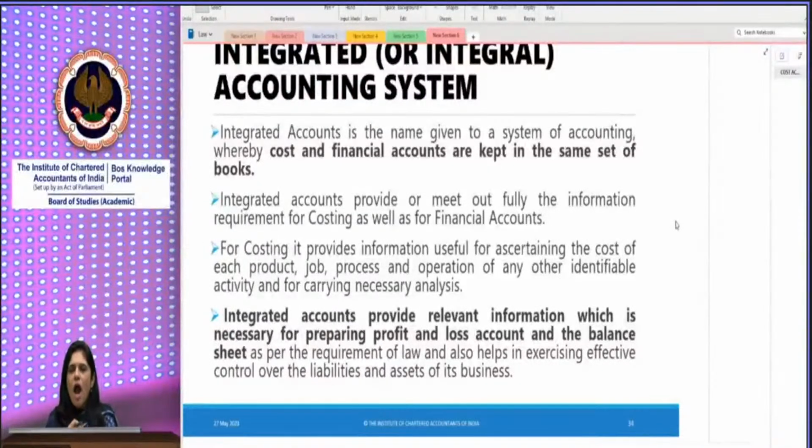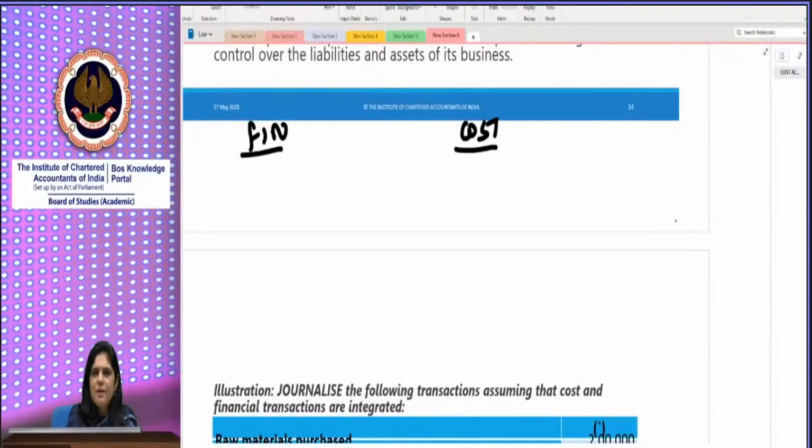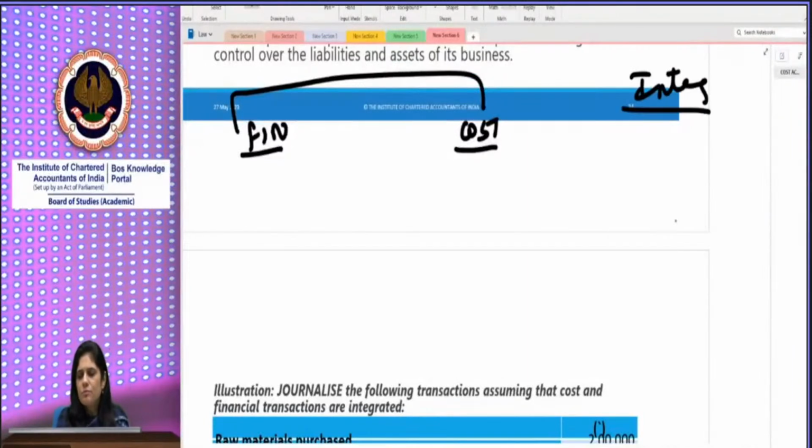Students, let me just explain you here. How we make the financial. Clear? So this is financial, this is cost, so this is the separate, non-integrated. Clear? And then this is integrated. So if we talk about material purchase, what entry we pass in financial account?